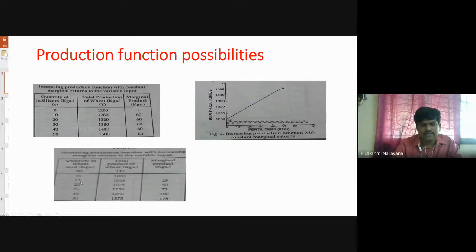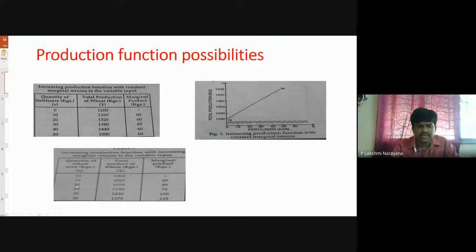When again he increases the seed to 15 kgs, the production is increased to 1025. The marginal product is 25.